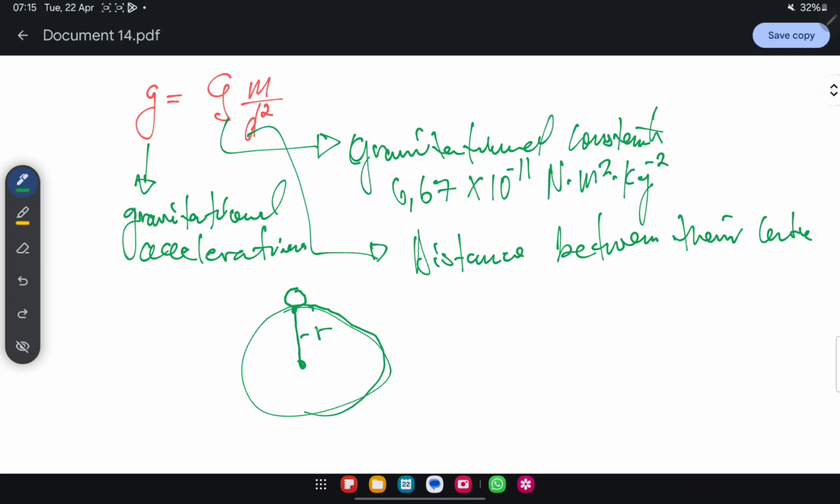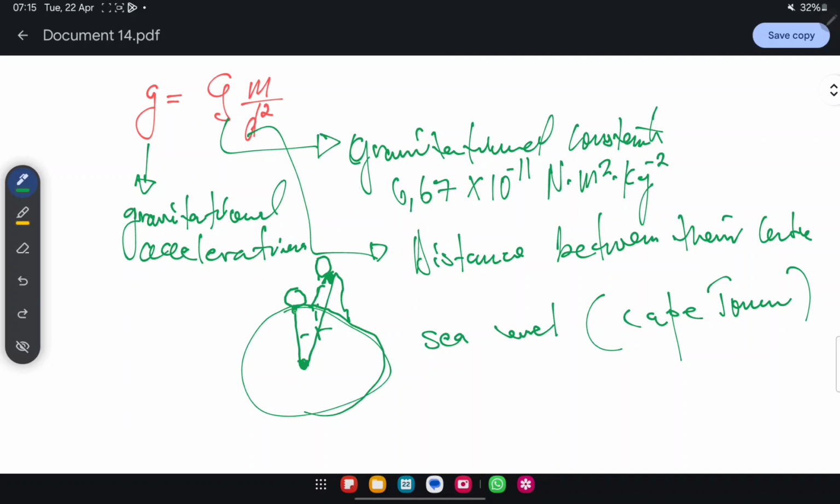Maybe if the stone is going further above the Earth's surface, maybe on a mountain, Mount Everest, the distance increases. Therefore, the gravitational acceleration of an object at sea level, maybe Cape Town, is different from that of an object in Houghton.